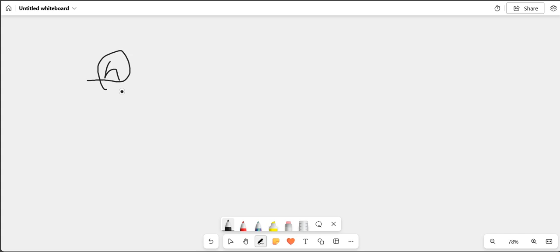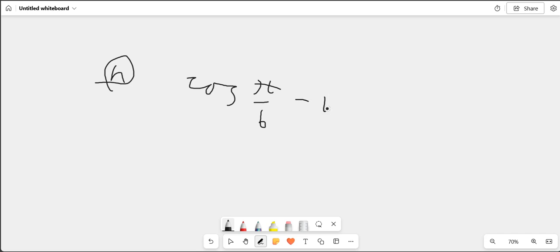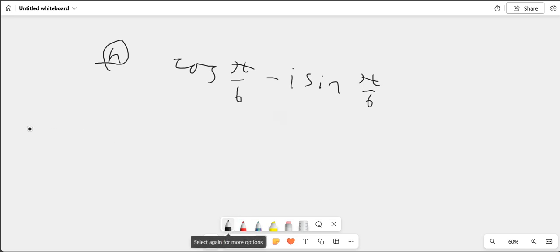H is a similar thing, yeah, but if you go in this situation, it has to be in the positive form. So it has to be a positive in between them, yeah? So in order to change that, remember that cos x is the same as cos minus x.